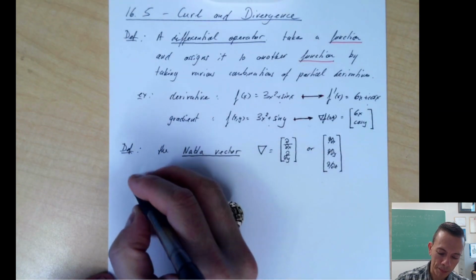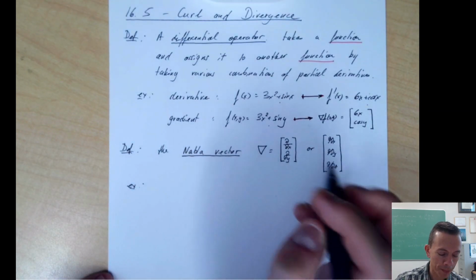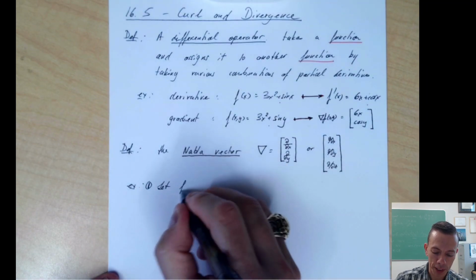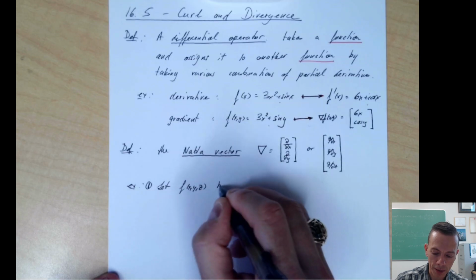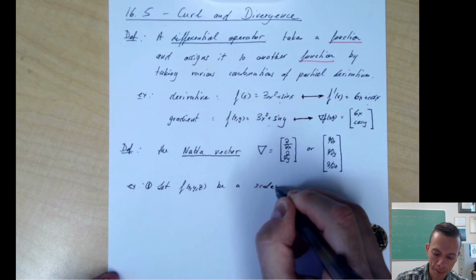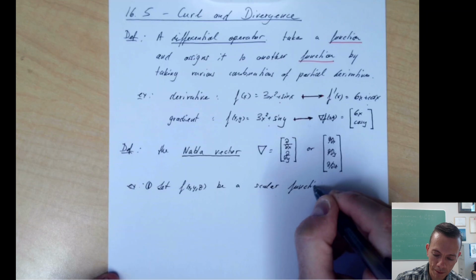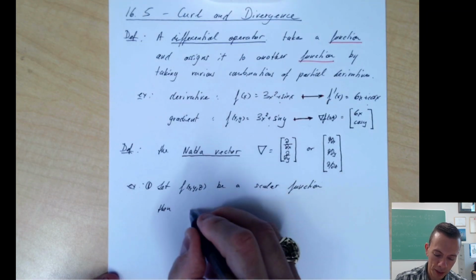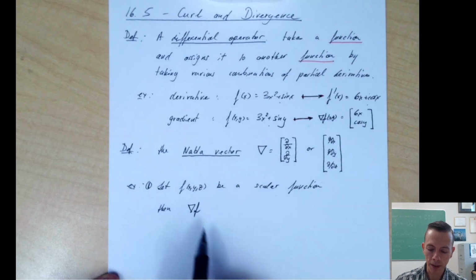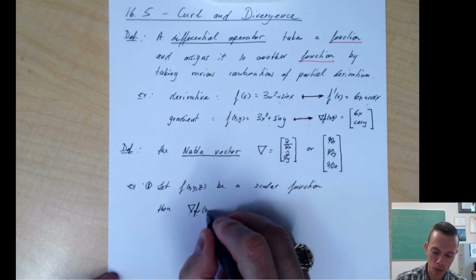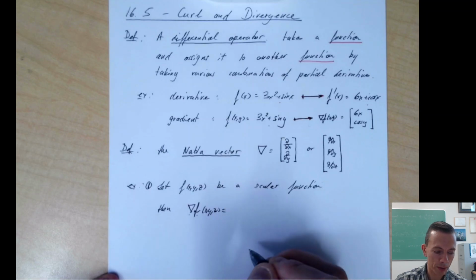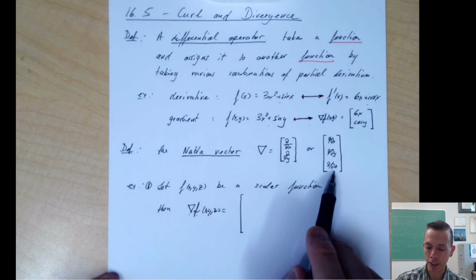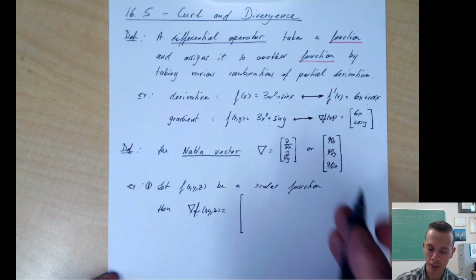So let's take the first example. If we take f of x, y, z, which is a scalar function, then nabla f of x, y, z is obtained by taking this nabla vector and just adding an f to each one of these components.